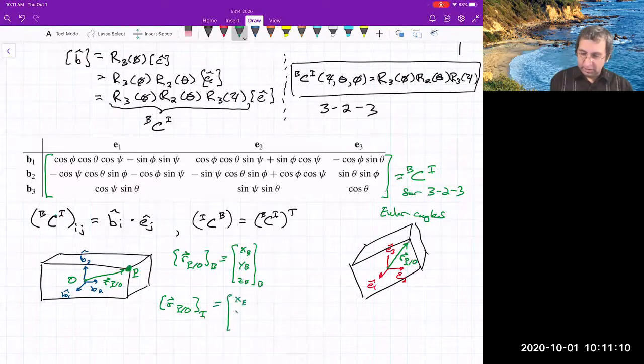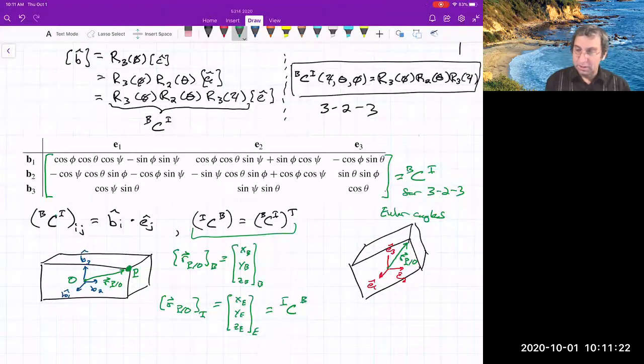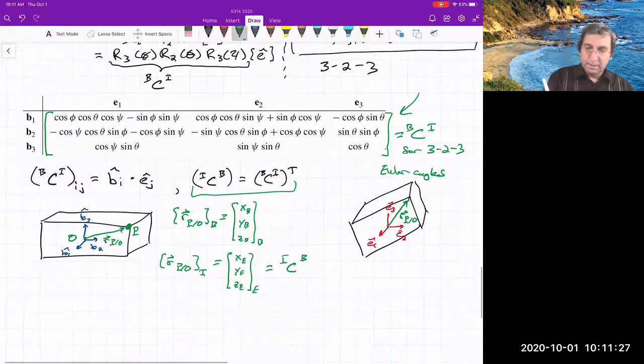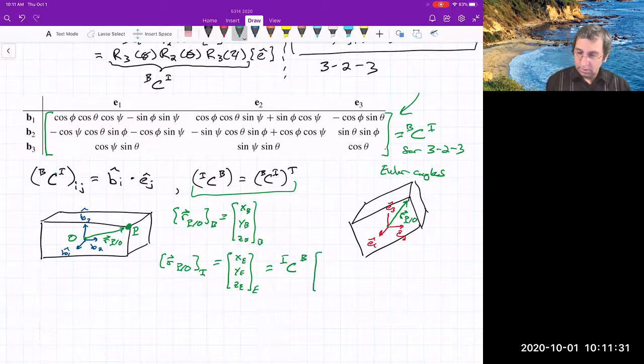Let's call them XE, YE, ZE. And this will equal CBI. See, B to I is the I to B transpose. So it's the transpose of this matrix we've written here in this table times the matrix XB, YB, ZB.